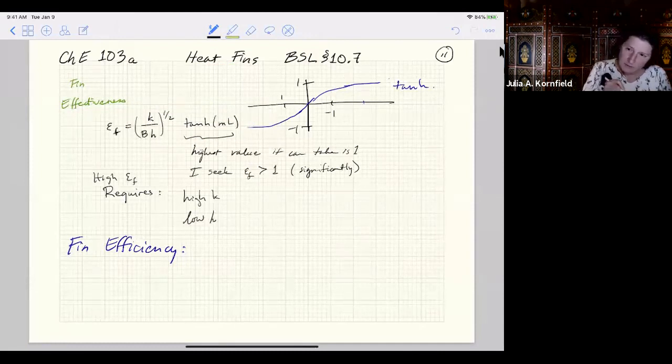And the fin efficiency says, how much of that fin am I actually using? What's the portion of that additional metal that I'm putting on there that I'm actually getting benefit from? So this one, it's eta F, fin efficiency, and it's the Q with the fin over the maximum possible with that fin.